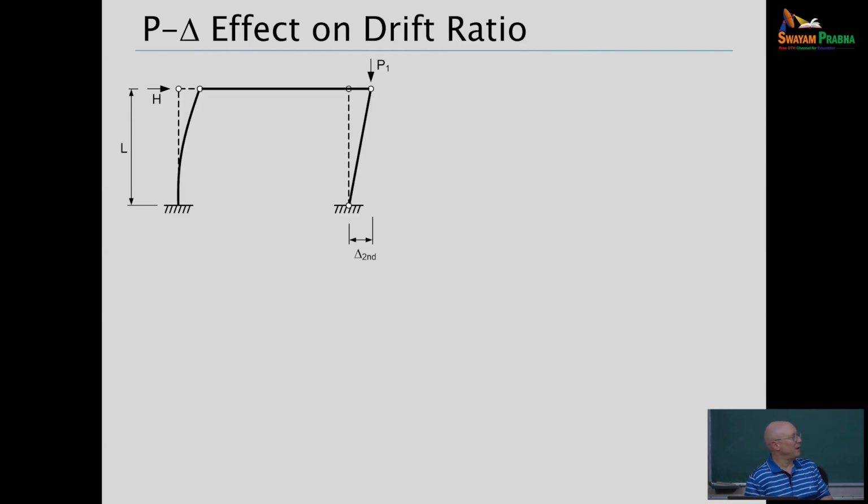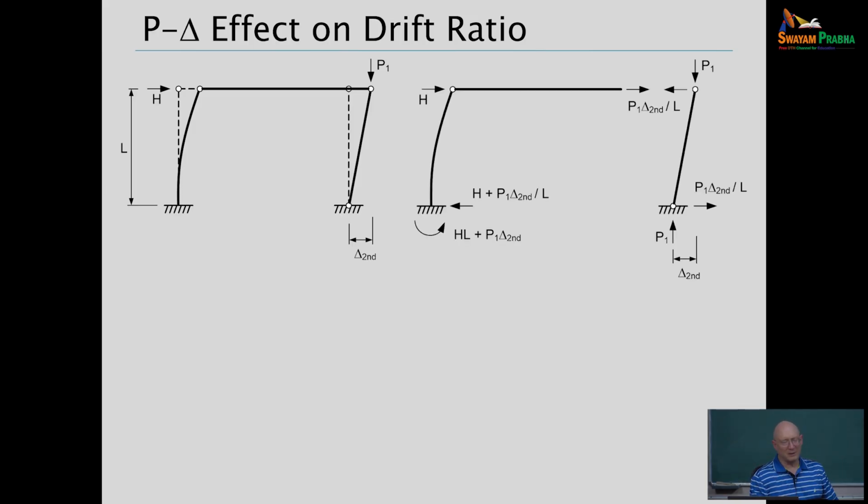That's on our leaning column. We have a story shear or a lateral load on the story H, and the question is, okay, so what is the second order deflection, the story drift, delta second, given these two loadings on our story? So let's subdivide our frame here into two free body diagrams, one of the leaning column.